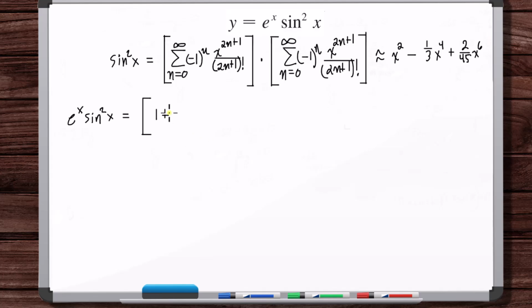So 1 plus x plus 1/2 x squared plus 1/6 x cubed plus 1/24 x to the 4th.